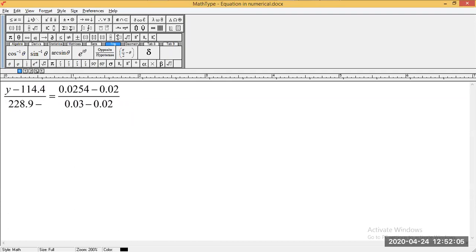Then again 114.4, and this is 0.02. Wait, this minus 0.1, and this is 0.1, and this is 0.2, right?